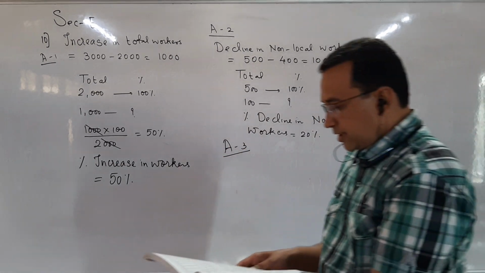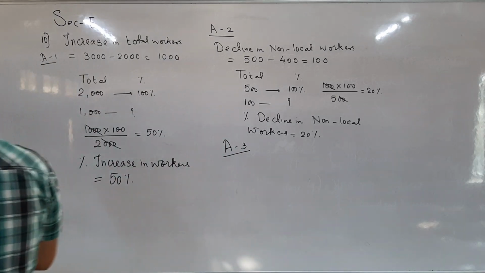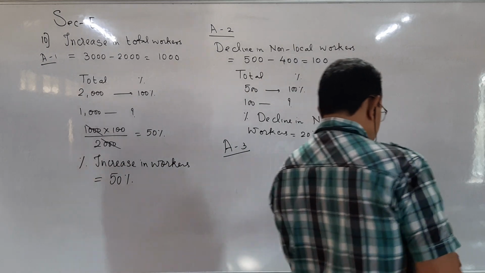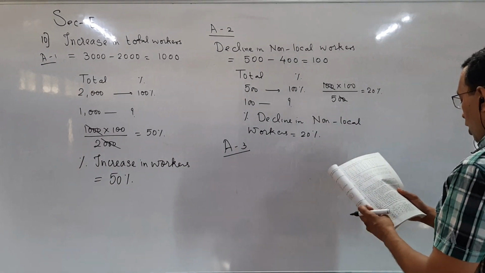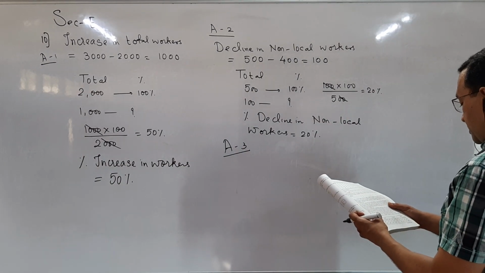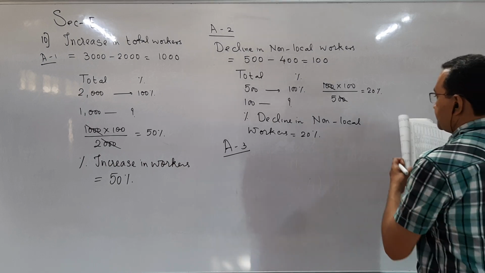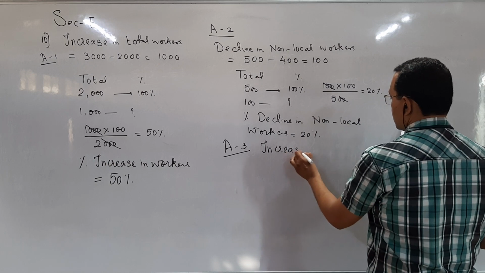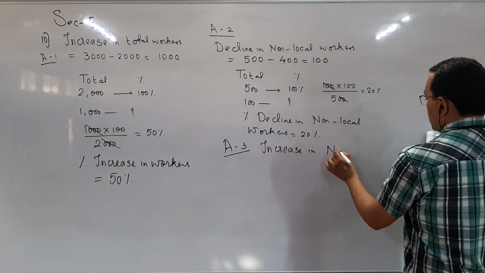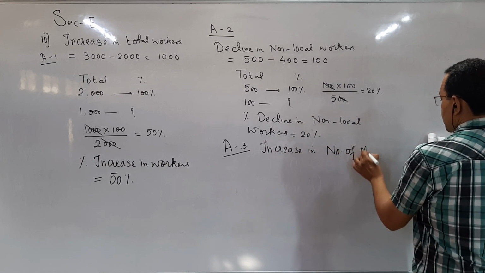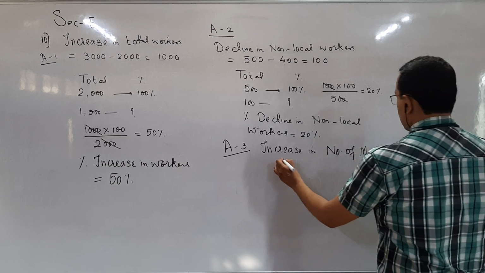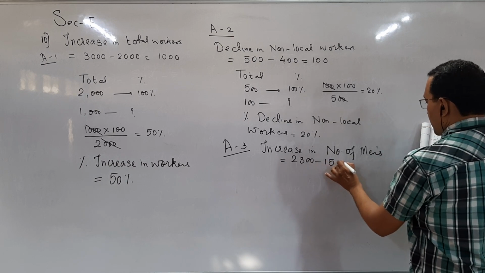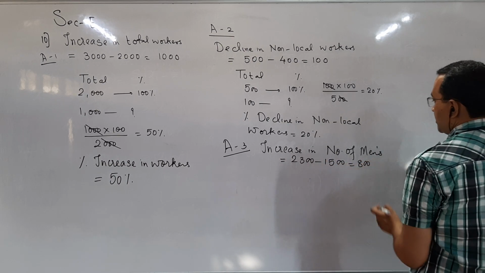What is the next question? Let us read the question perfectly. Find the percentage increase in number of men and women. How many total men were there in 2010? 1500. Increase in number of men is equal to 2300 minus 1500, which is 800.